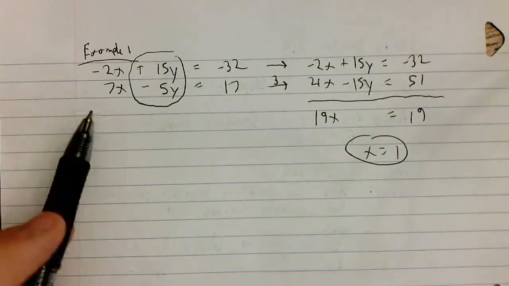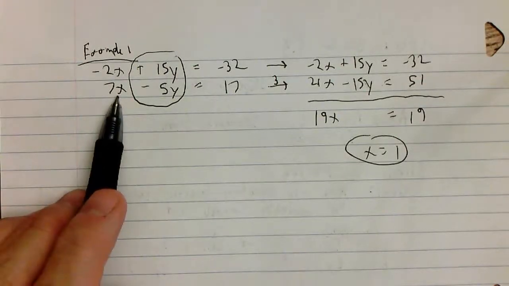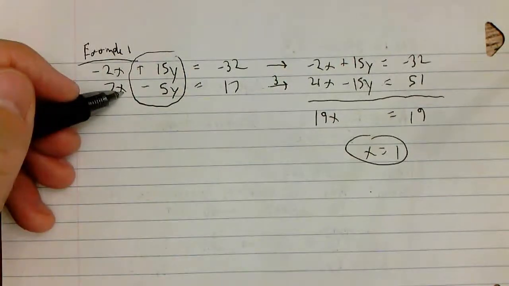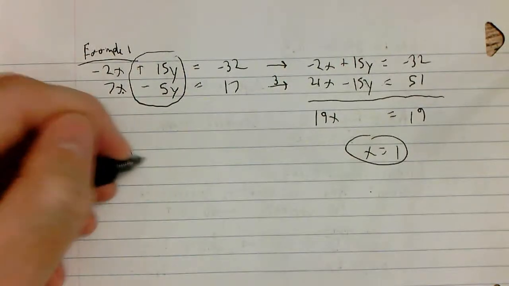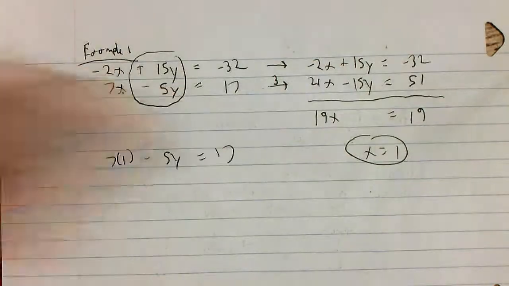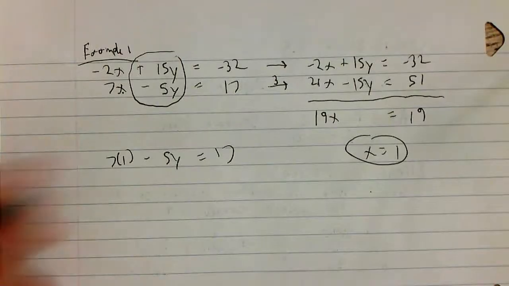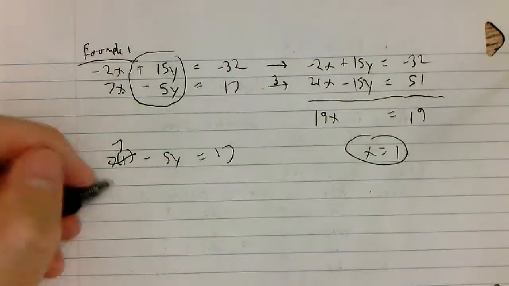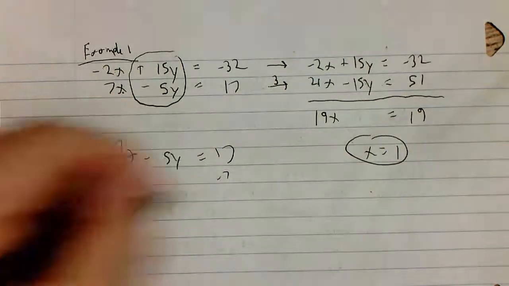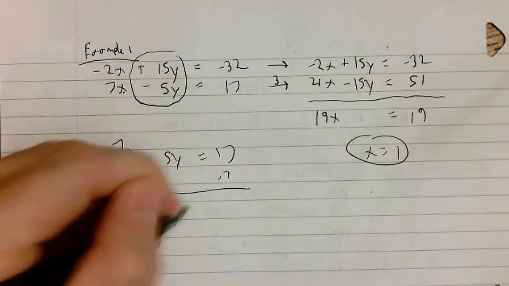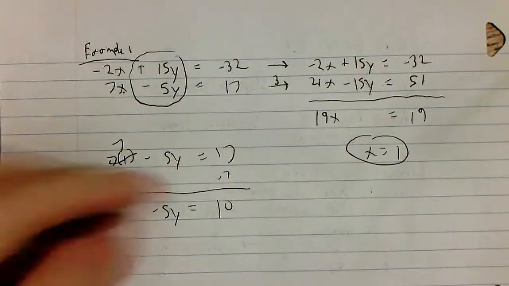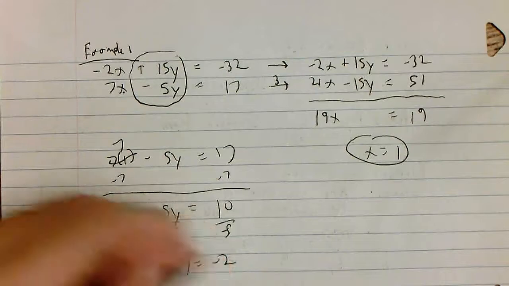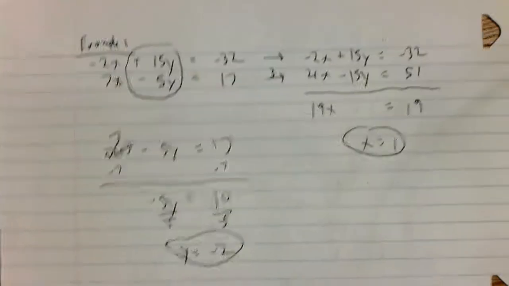I feel like the easiest one is the second one. So I'm going to put 1 in place of the x. That'd be 7 times 1 minus 5y equals 17. 7 times 1 is just 7, so I'm going to subtract 7 from both sides, get negative 5y equals 10, divide by negative 5, and I get y equals negative 2.